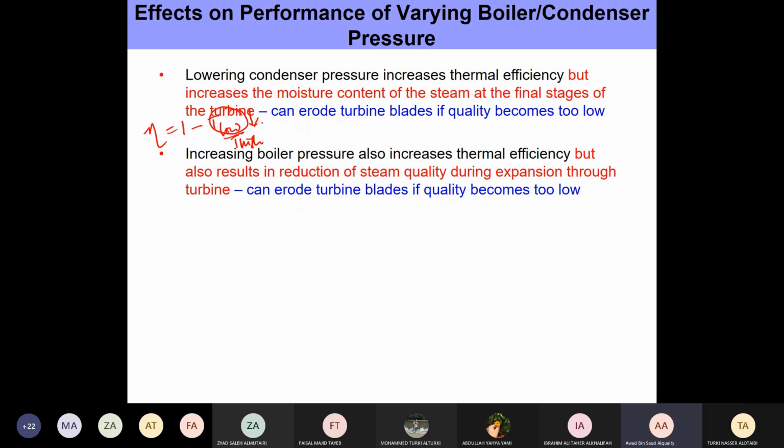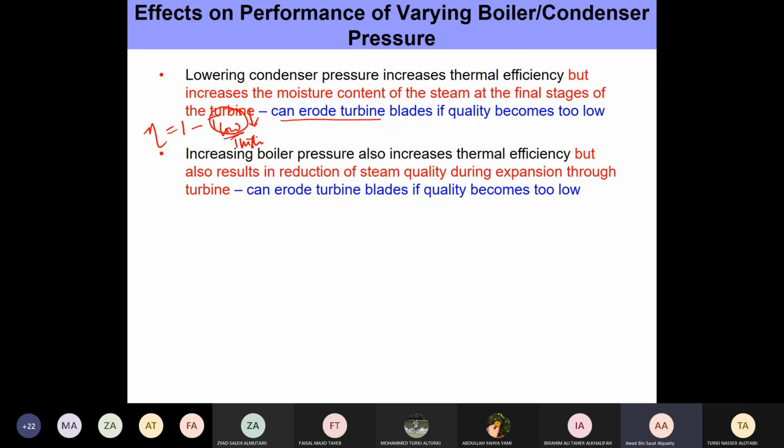We said yes, this is very good, and we can keep reducing the condenser pressure, but there's a lower limit, limited by the quality of steam at the end of the expansion stage, in the final stages of the turbine. We simply don't want very low quality because it can damage turbine blades.